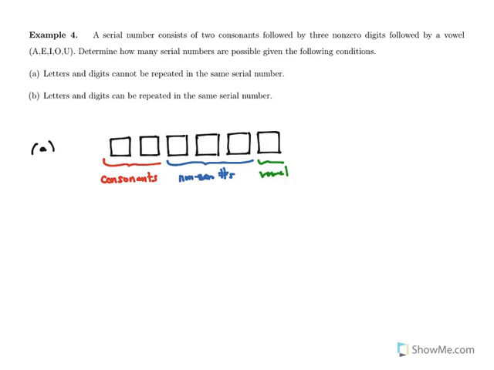Now we just need to decide how many different possible options we have for each decision. So note that there are 5 vowels, which means that there are 21 consonants, 26 minus 5 is 21 consonants. And there are 9 non-zero digits.